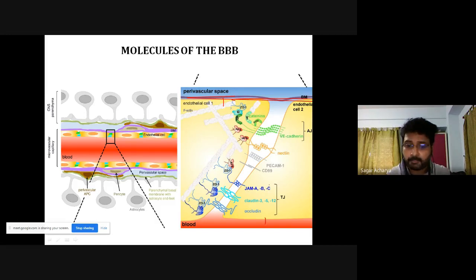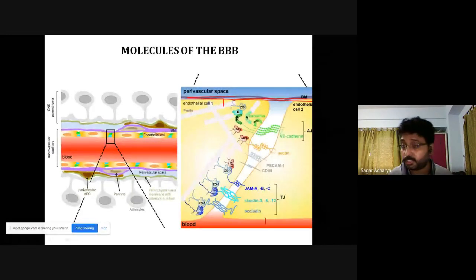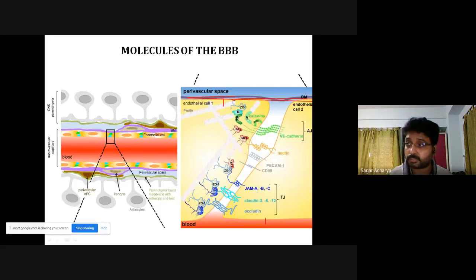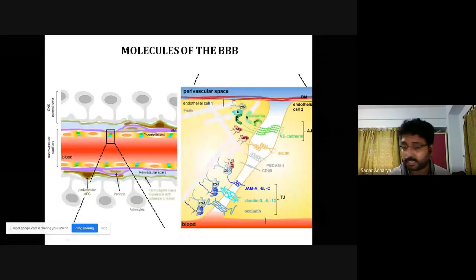Apart from this physical barrier, there is also the metabolic barrier. By metabolic barrier, we mean these endothelial cells secrete several types of enzymes, especially peptidases and nucleosidases, that mainly digest small proteins and small molecules, toxins that enter into the cells.